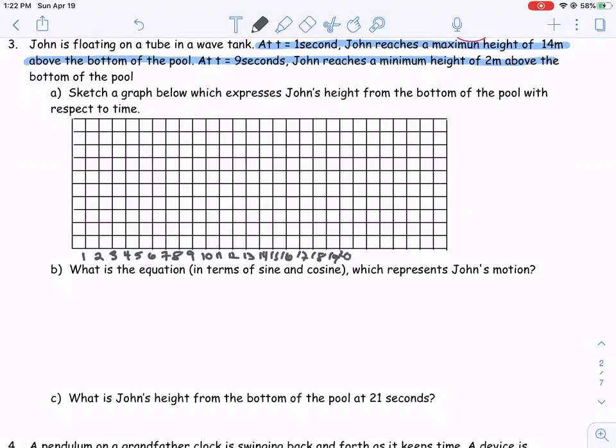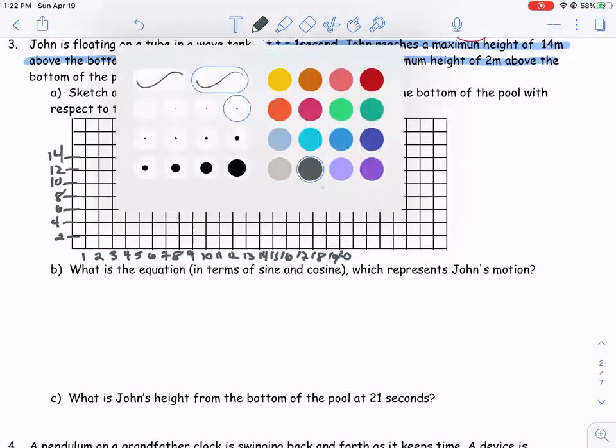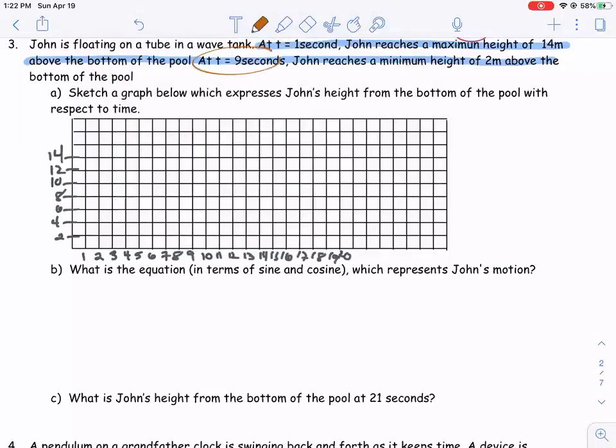All right, I think that's enough. And then for our heights, we can go by twos over here. Okay, so at 1 second, we're at the maximum, which is at 14, and at 9 seconds, we're at the minimum, which is 2.